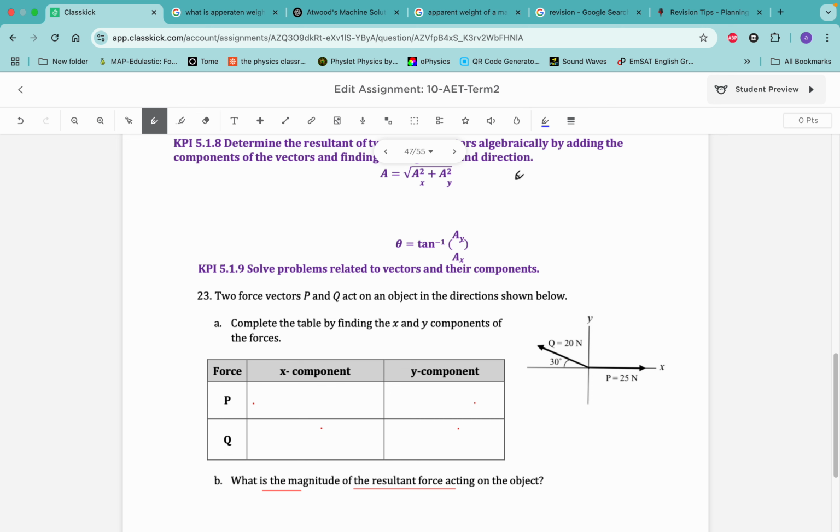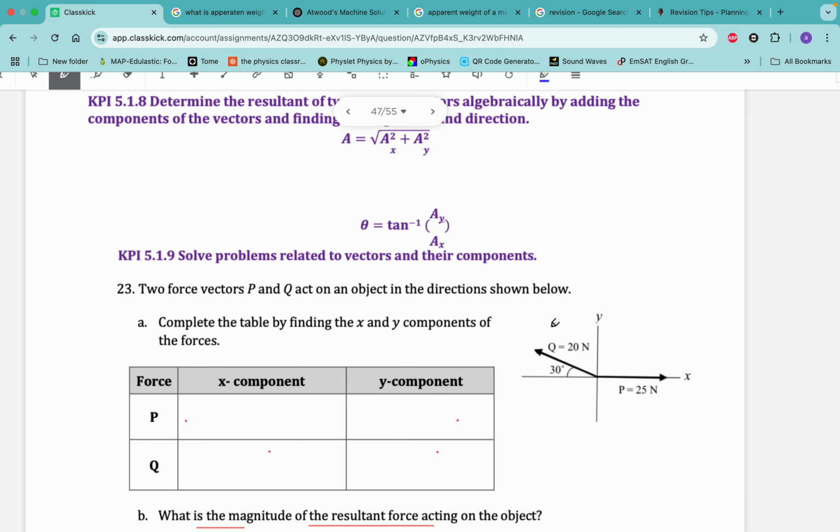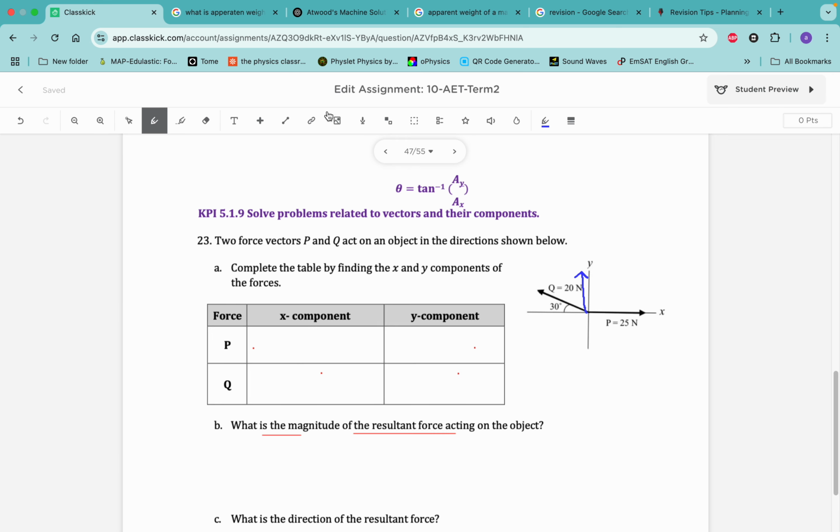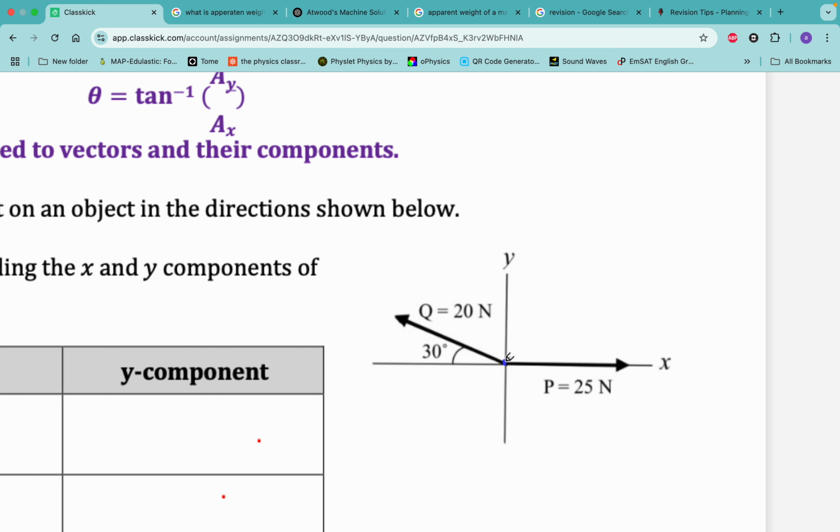We are going to use the same concept here, but the idea here is that instead of having the vectors sharply on x and y, one of the vectors needs to be resolved. Like the Q vector here is neither an x nor a y, so it will be resolved, meaning separated into components. Let me be accurate. We're going to have a vector on y, which is here, Qy, and here Qx.